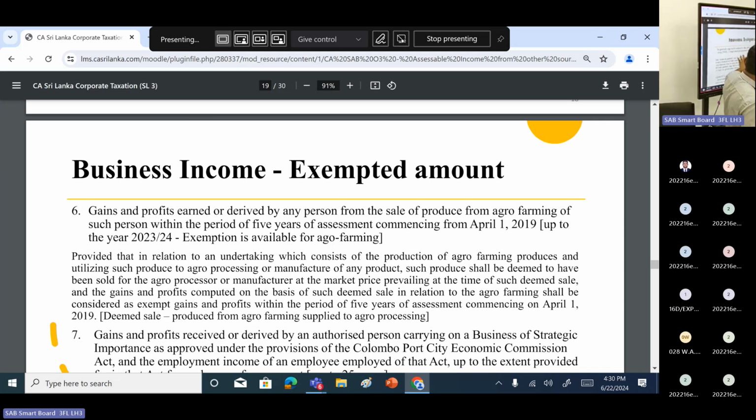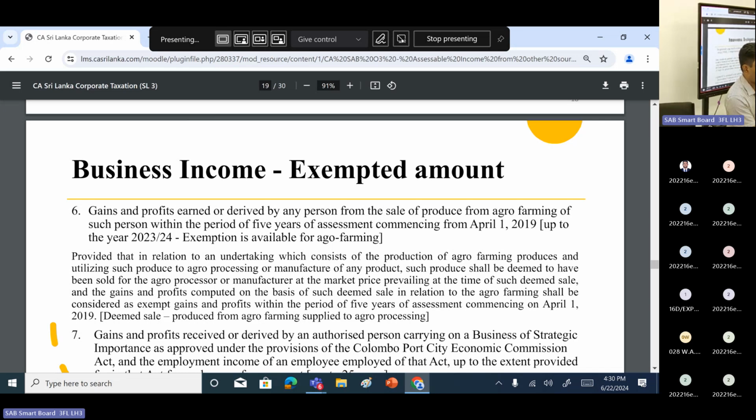In this particular case also, with agro farming, when we work out business income and exempt income, we have to proportionately apportion the expenditure. Say I have common expenses related to the agro farming as well as the processing. Then I have to get some basis to recognize that expenditure for both parts.